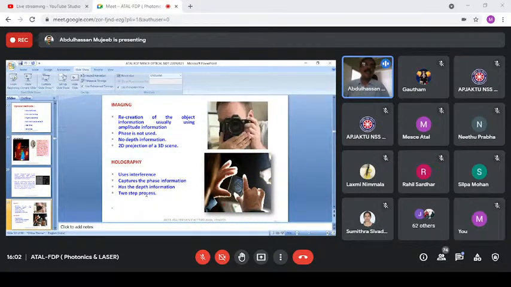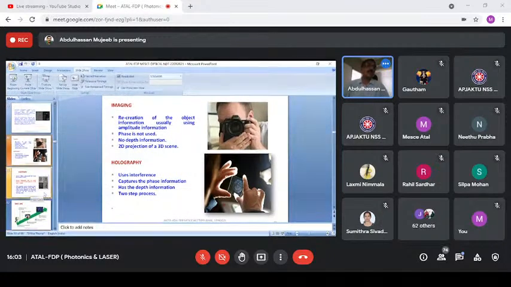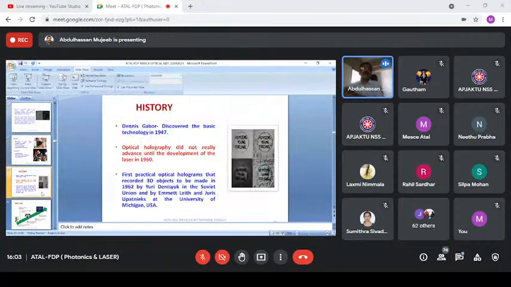What we get is the depth information, and holography is a two-step process. Its history can also be given. I told you interference is a very important property, and for interference we require completely coherent light. Which is the best coherent light? Laser is the best coherent light.